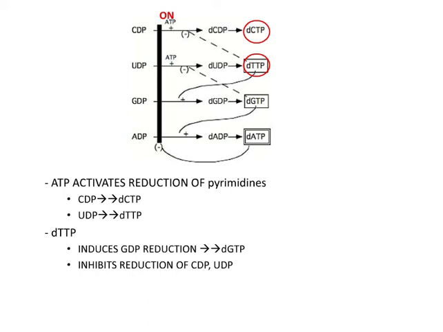Deoxy-TTP replaces ATP in the substrate specificity site. This induces ribonucleotide reductase to begin reducing GDP to deoxy-GDP and stops the reduction of the pyrimidine nucleotide diphosphates.